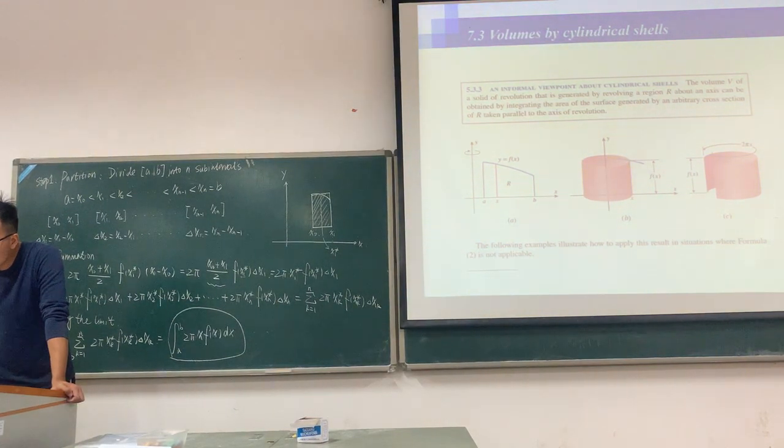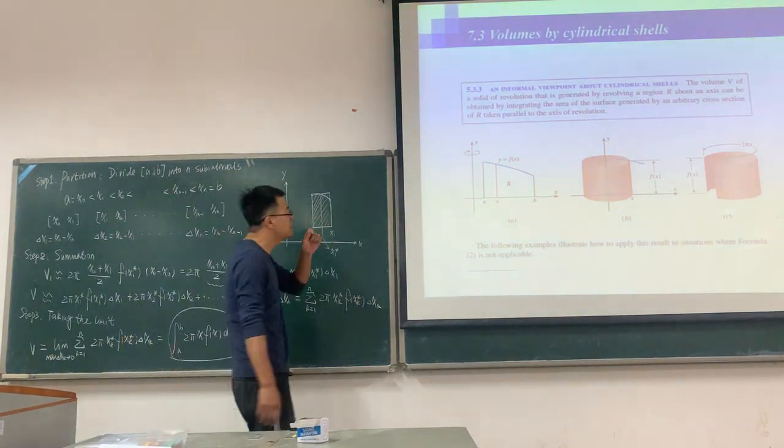The volume V of a solid of revolution produced by revolving a region R about an axis can be obtained by integrating the area of the surface produced by an arbitrary cross section of R taken parallel to the axis of revolution.